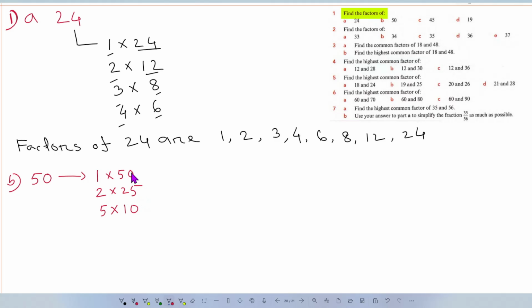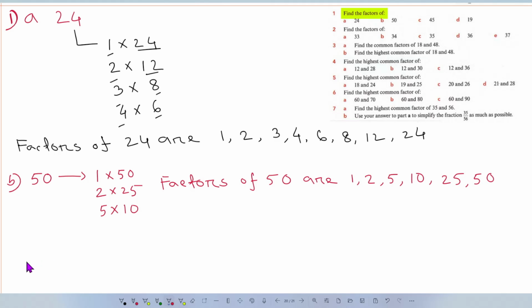So 25 and 50. So we can write factors of 50 are 1, 2, 5, 10, 25 and 50. Right?